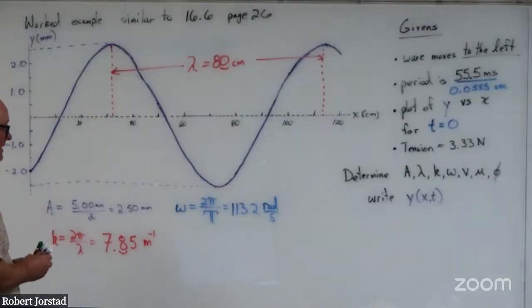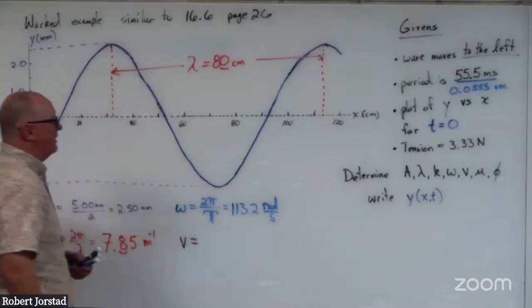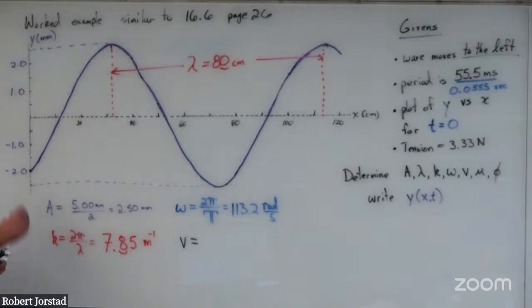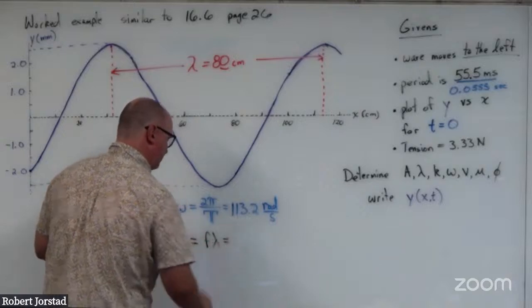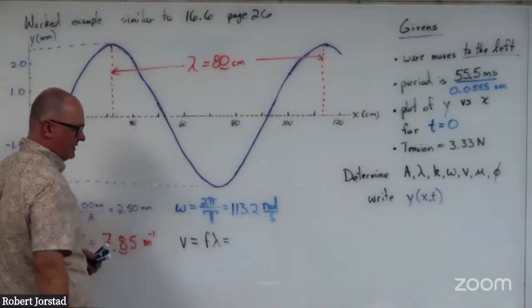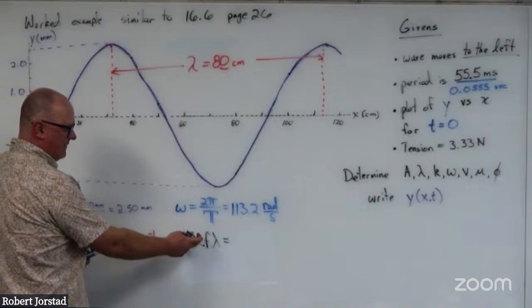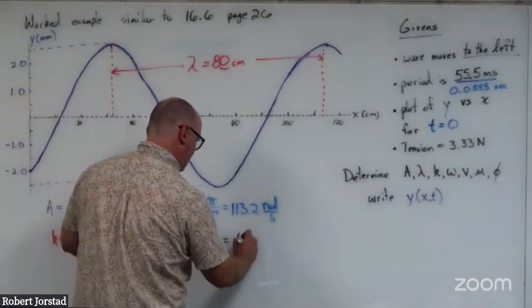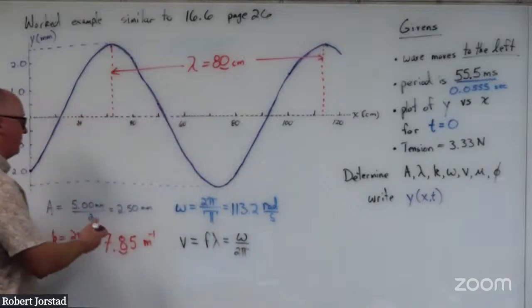Okay, now what? v. What does v mean again? Wave speed. So there's lots of ways you could do this, I guess. You could use our old result, v equals f lambda. If you knew the frequency and the wavelength, that's good. But if we rewrite that, f is omega over 2 pi, and then we can multiply by the wavelength, which we know.